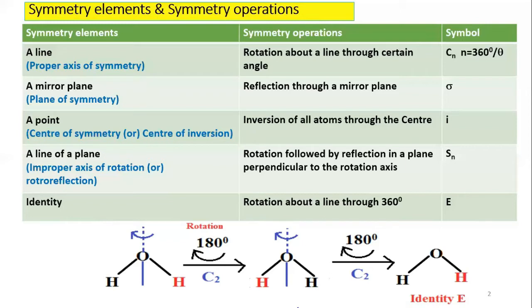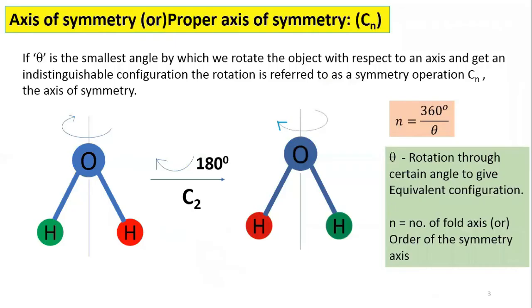And individually, we will define what they are. The axis of symmetry or proper axis of symmetry is represented by the symbol Cn. C is derived from the German word cyclisch, meaning rotation performed in a circular motion, and n represents the number of times the rotation operation is performed in order to get an indistinguishable configuration.